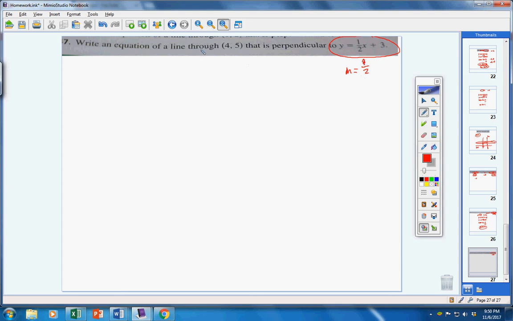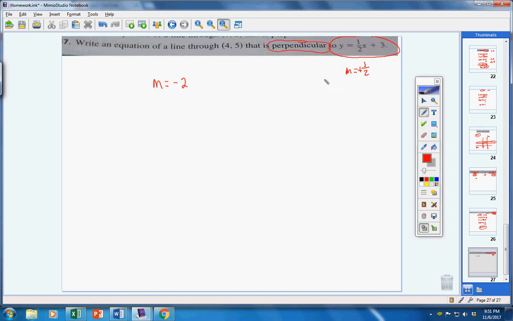So, now, if the slope of this line here is 1/2, then the slope of the line I'm looking for is negative 2, because I changed the sign of this. It's positive, so I use a negative sign. I flip 1/2, which is 2. Why do I do all that? Because the line I'm looking for and this line here, they are perpendicular lines.